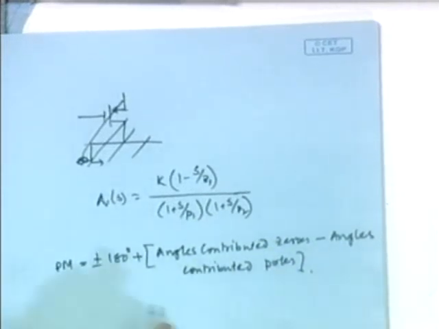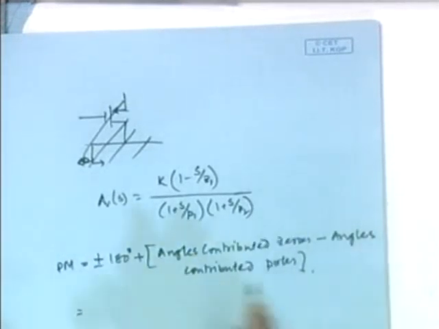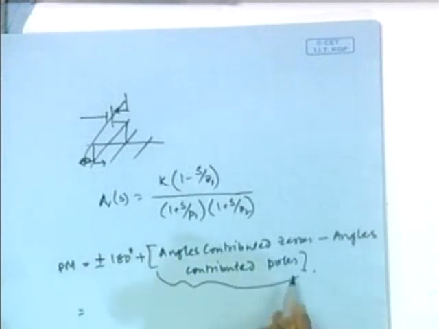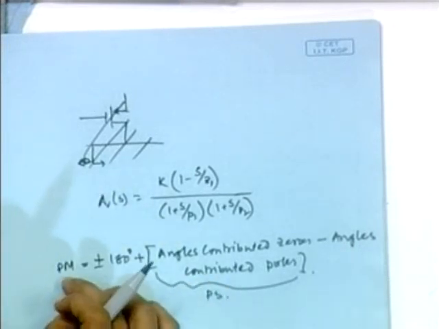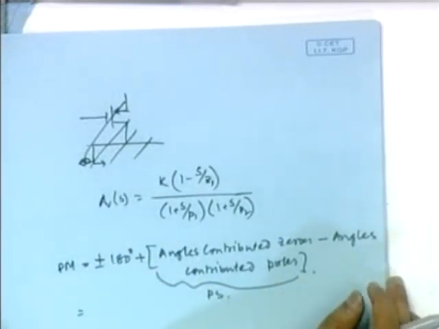What to choose between plus or minus 180 degree, this portion is basically the phase shift. Depending upon the value of the phase shift, we just need to choose plus or minus 180 degree to make this phase margin positive.